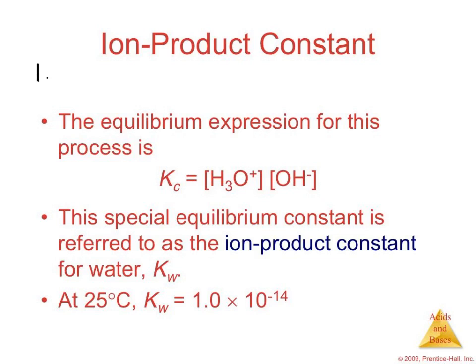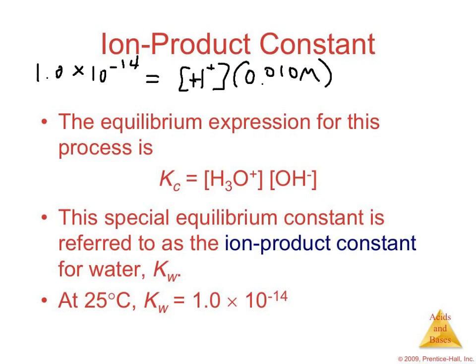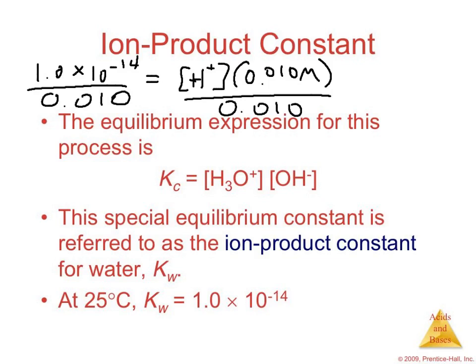Okay, we also know that Kw is 1.0 times 10 to the negative 14th. Okay, so that's equal to H plus or H3O plus, however you prefer to write it, times the 0.010 molar. And so then to solve for H plus, you just divide both sides by 0.010. And that's going to give you your H plus concentration.